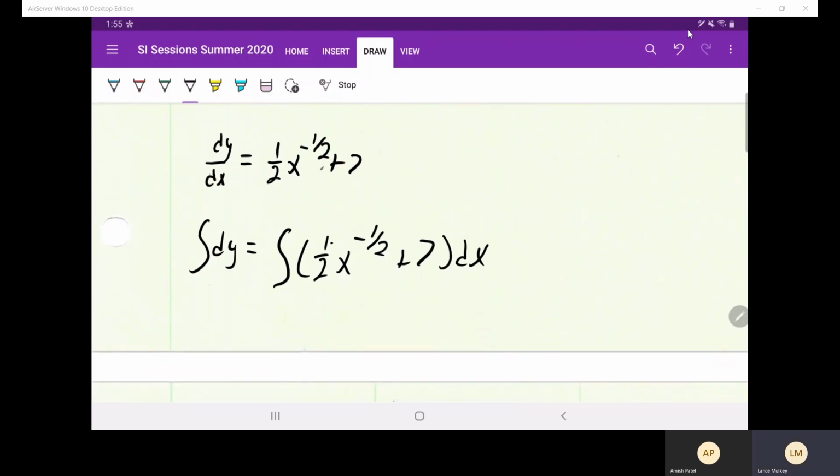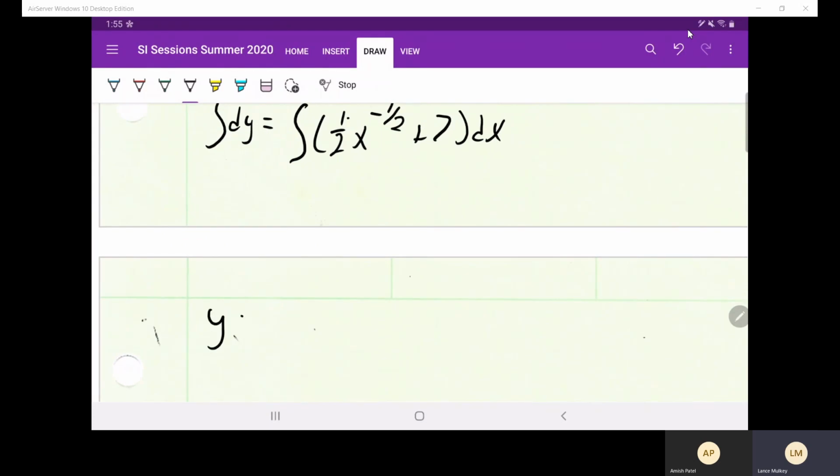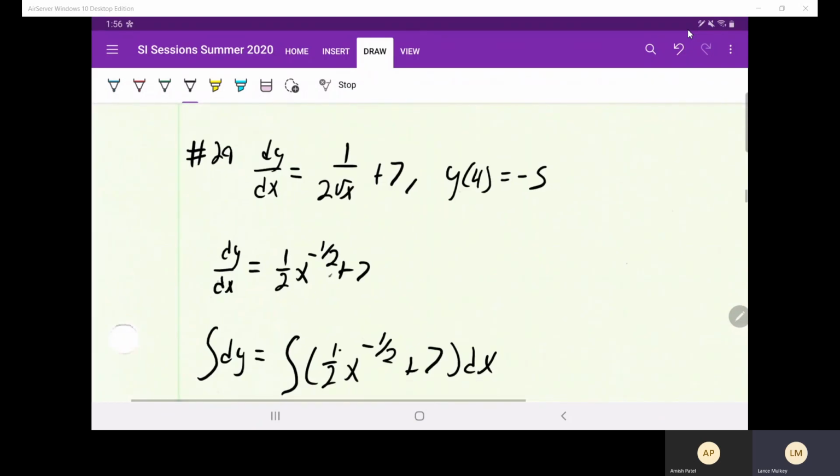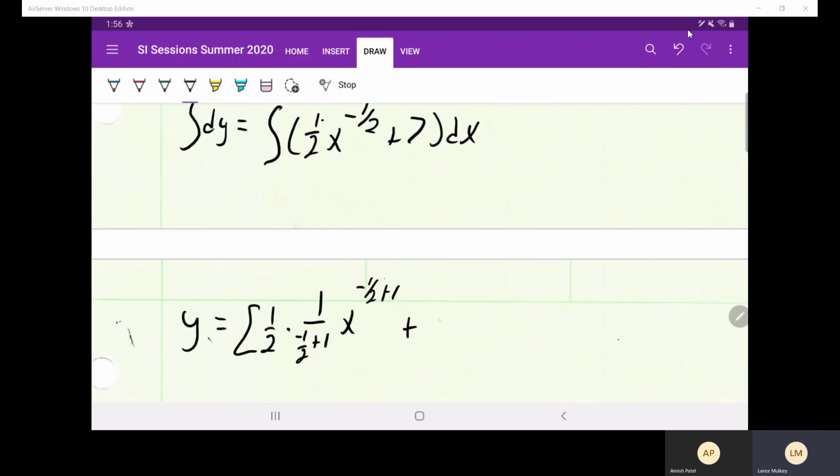So now when we take the integral, dy is just simply y equals, and now you get 1/2 times 1 over negative 1/2 plus 1 times x to the negative 1/2 plus 1, because we're doing the opposite of derivative, because you want to know what y is, plus 1 over 0 plus 1 times 7 to the 0 plus 1 plus c.